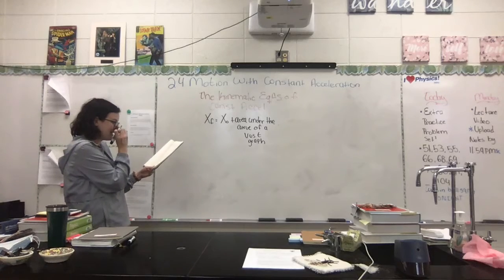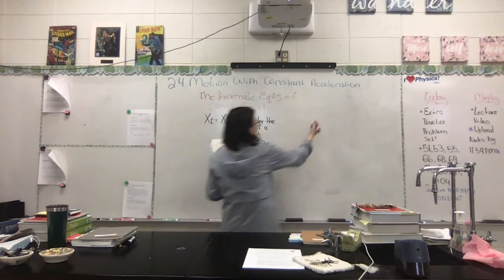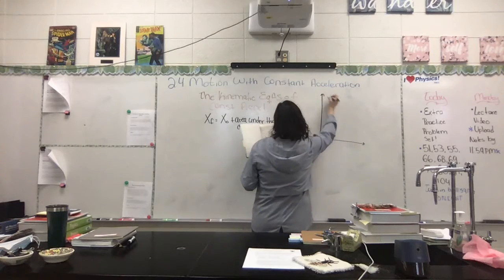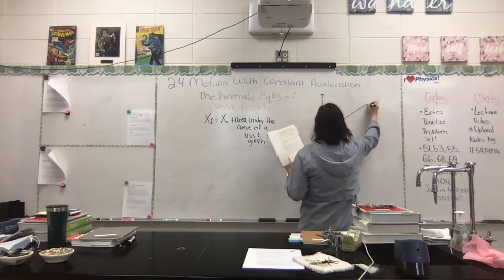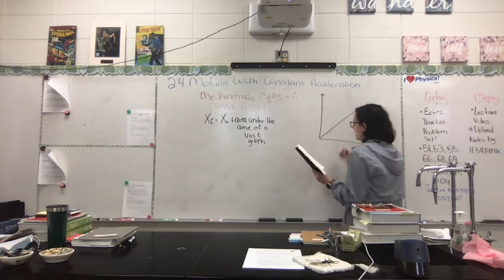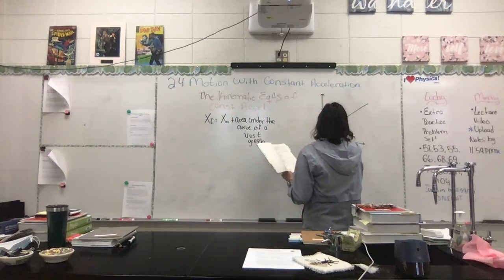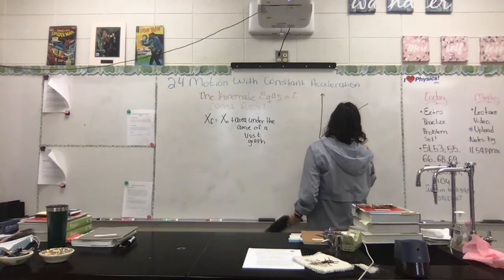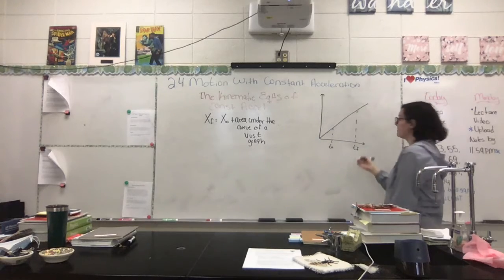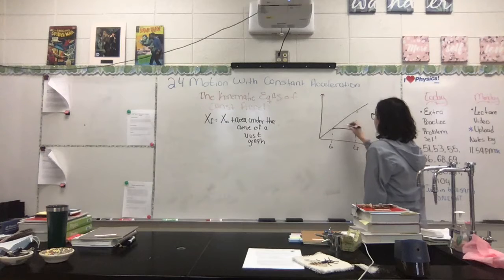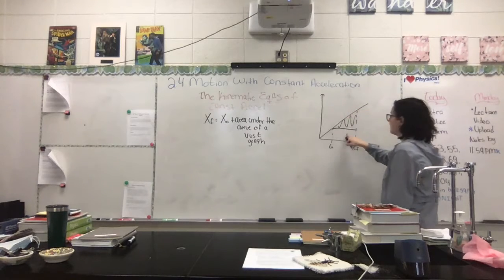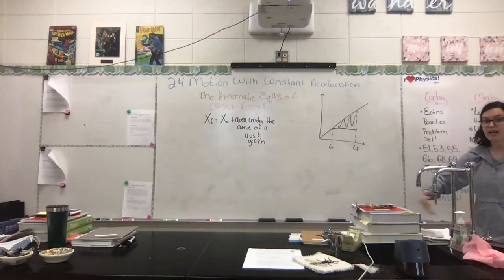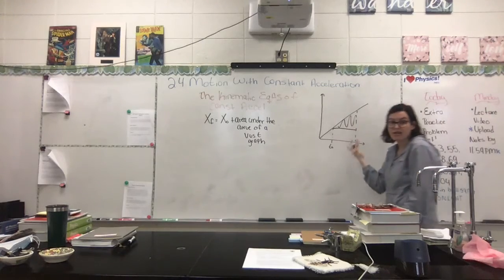So for instance, if we had that same graph that we had over here, and we wanted to evaluate it from T naught to TF, we could break it up into a triangle and a rectangle, couldn't we? And then we could use the shapes to our advantage. We already know how to find those areas, right?